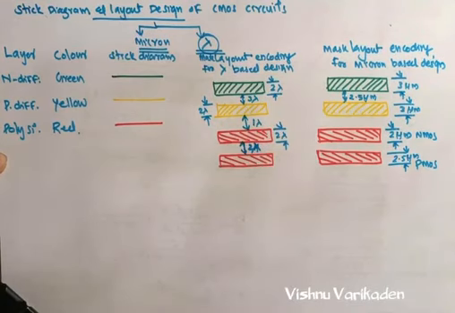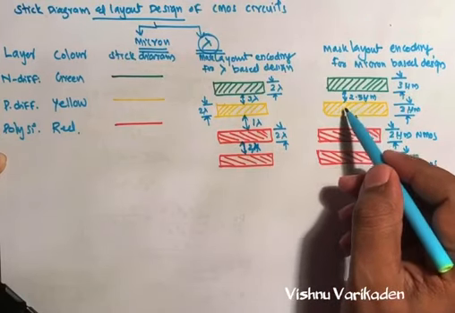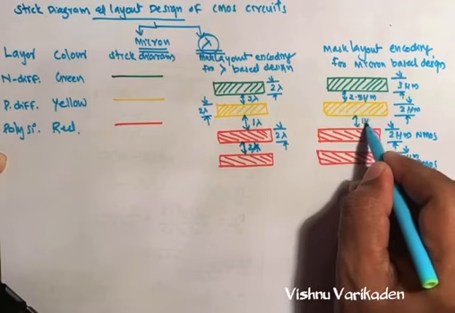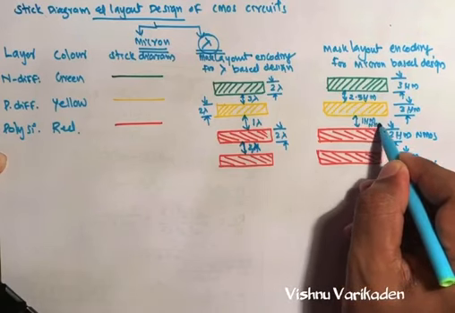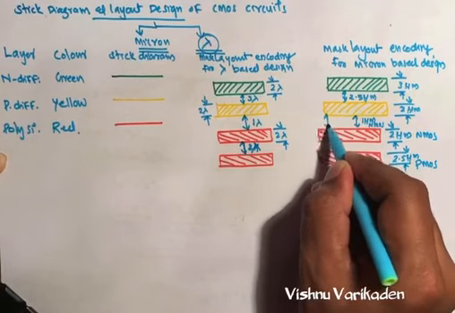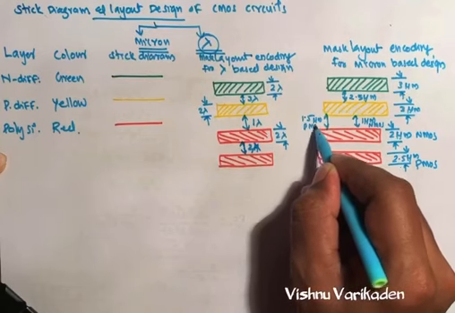So in between any diffusion, P or N diffusion, to polysilicon, it is 1 micrometer for NMOS, 1.5 micrometer for PMOS.